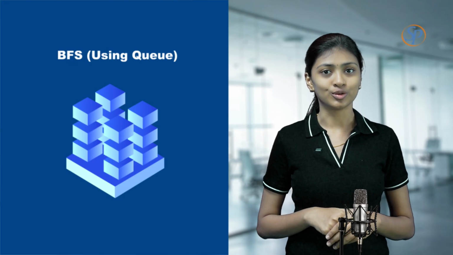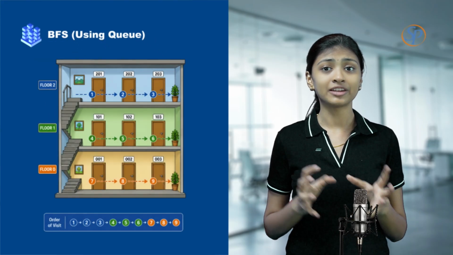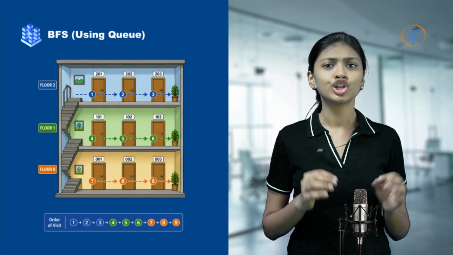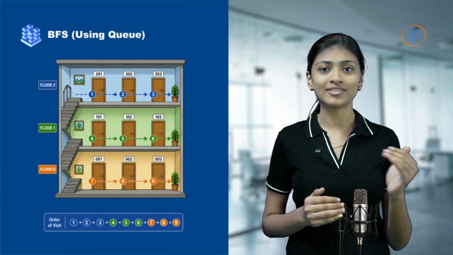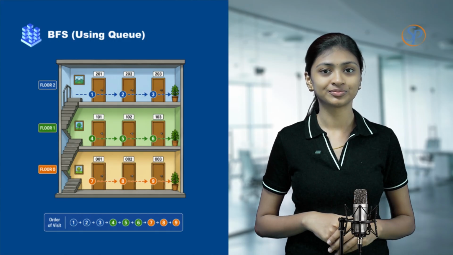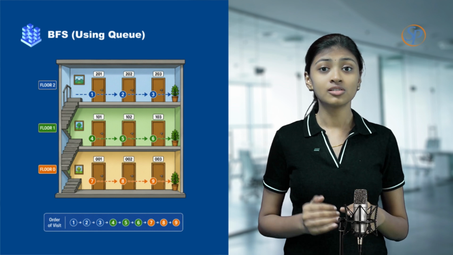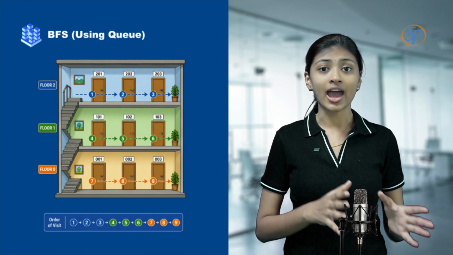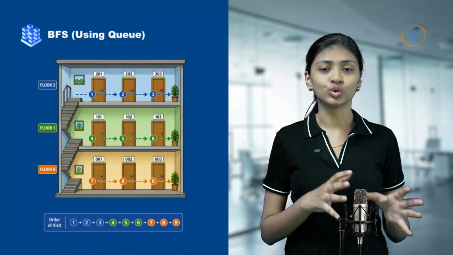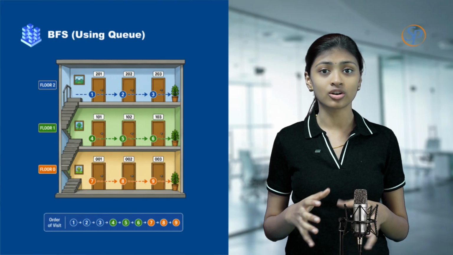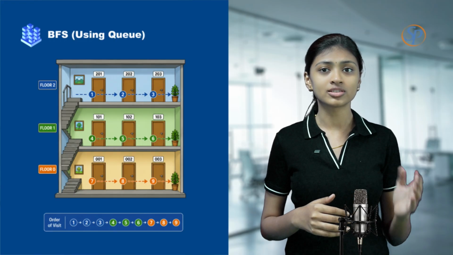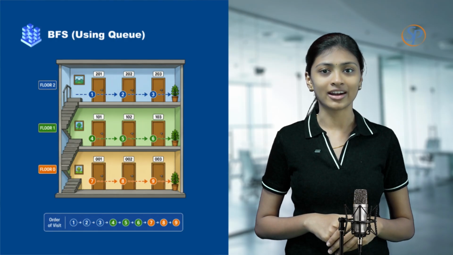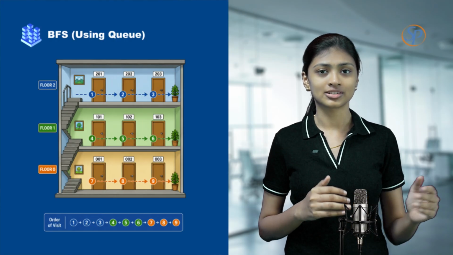BFS using queue. BFS means breadth first search, is a method used to explore nodes level by level using a queue. We start from a node, visit it, and then add all its neighboring nodes to the queue. The queue ensures that nodes are processed in the order they were added, following first in, first out.